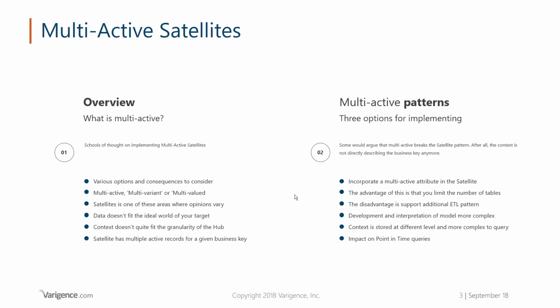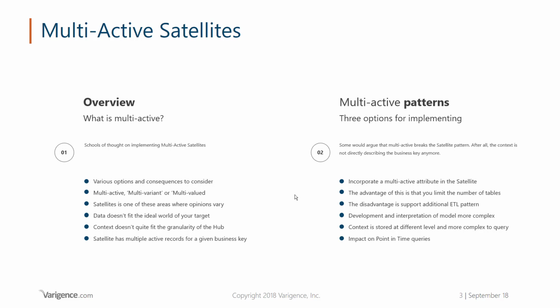From a BimlFlex point of view, it's not really a big deal. But if you're building your own patterns, you just need to be aware that with multi-active patterns there are impacts. The context is stored at a different level and is more complex to query.